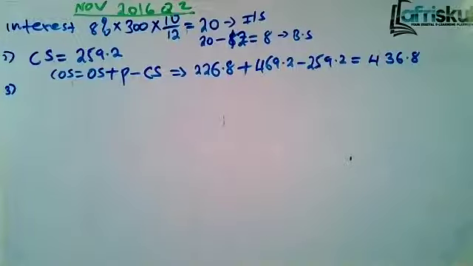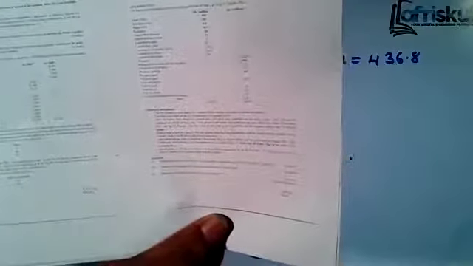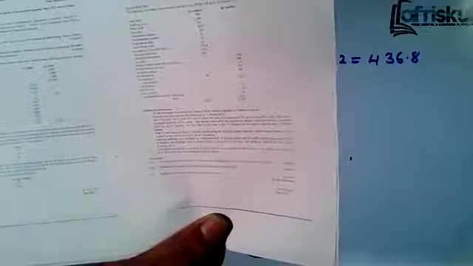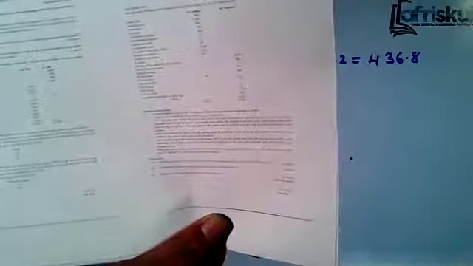Let's go to note number 3. You are told that on 1st November 2015, at the beginning of the year, Peak Limited entered into a 5-year lease agreement for an item of plant. This item had an estimated useful life of 5 years. The annual rental, which was payable in advance with effect from 1st November 2015, was 132.